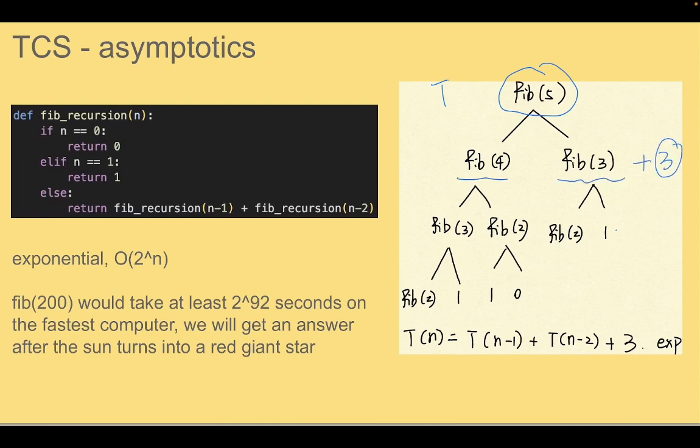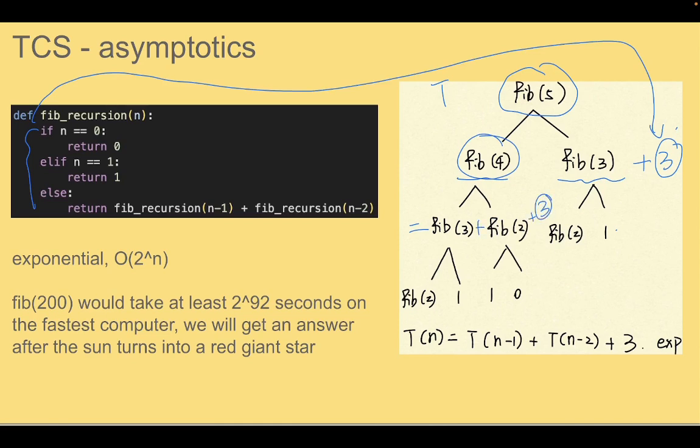What is the 3? It's the 3 if comparisons here, right? And Fibonacci 4 is equal to Fibonacci 3 plus Fibonacci 2 plus 3 comparisons. So we can say that the runtime of Fibonacci n is equal to the runtime of n minus 1 plus n minus 2 plus 3.